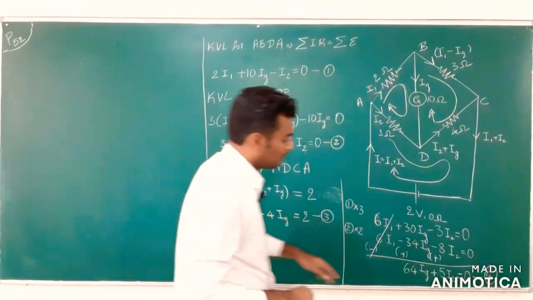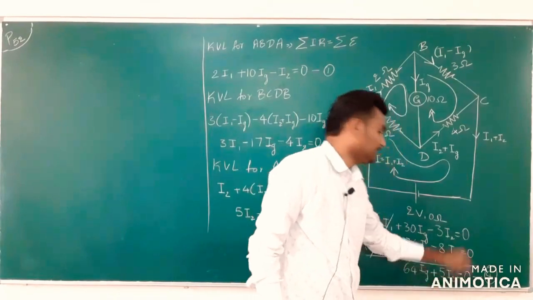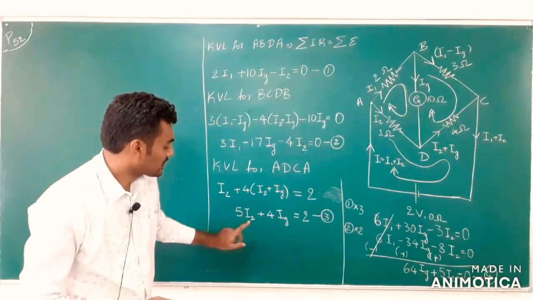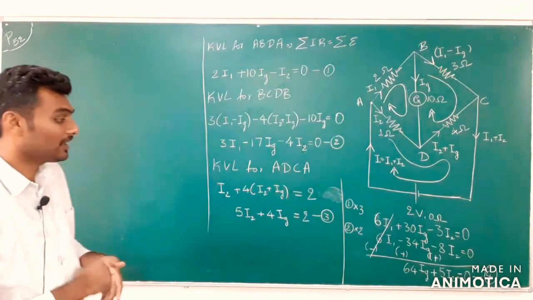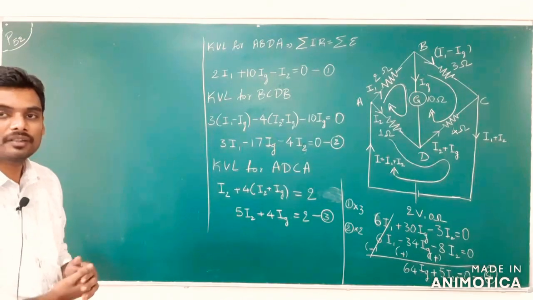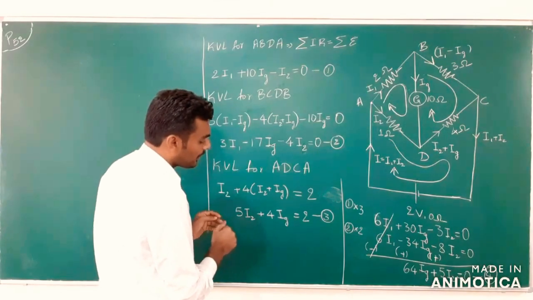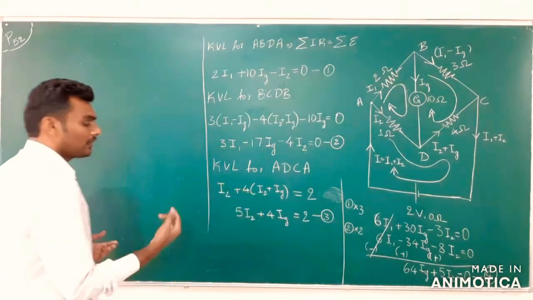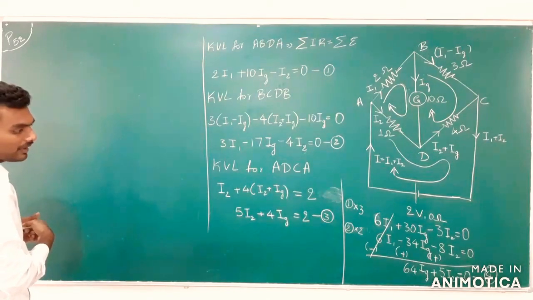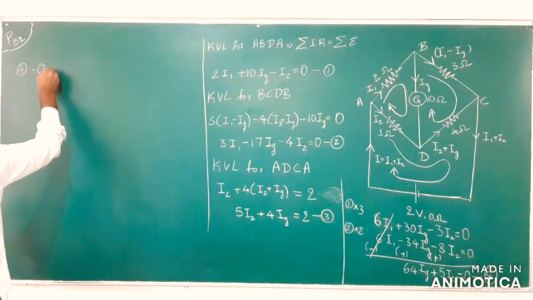So I have a fourth equation which connects Ig and I2, right? I also have one more equation, equation 3, which connects I2 and Ig. Look at them, both of them have 5I2 in them, right? So since both of them have got 5I2 in them, I can just simply subtract them to get the value of Ig. So it is equation 4 minus equation 3.